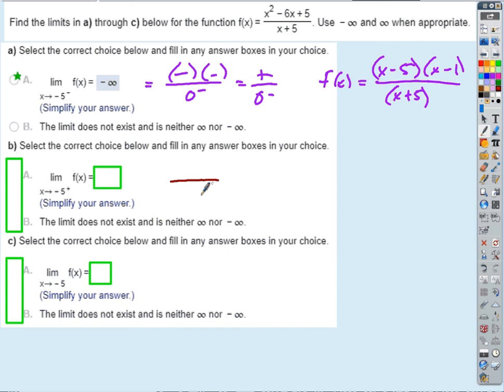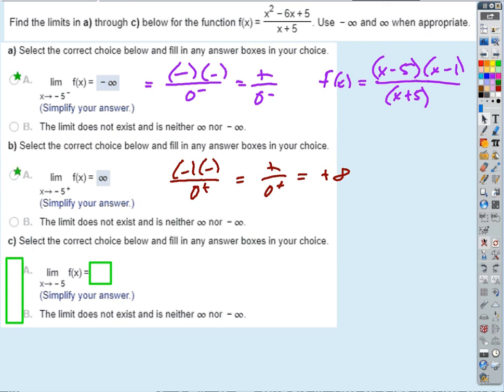So on the bottom, I'm going to get a 0 positive this time. Good. Got a little bit of leftover positive. And on the top, the numbers are the same, still just approaching -5. And so this time we get positive over 0 plus, so we should get positive infinity. Correct. Right.